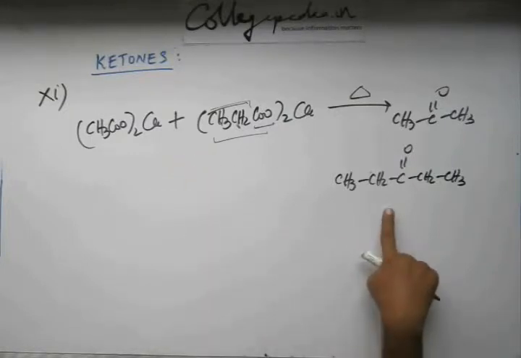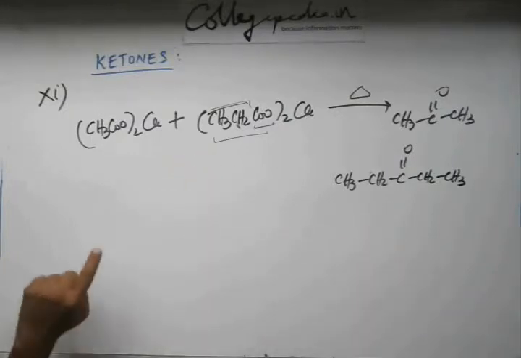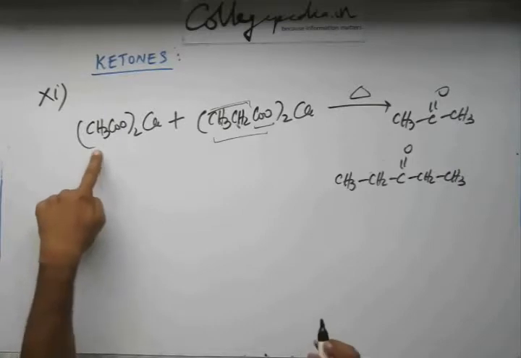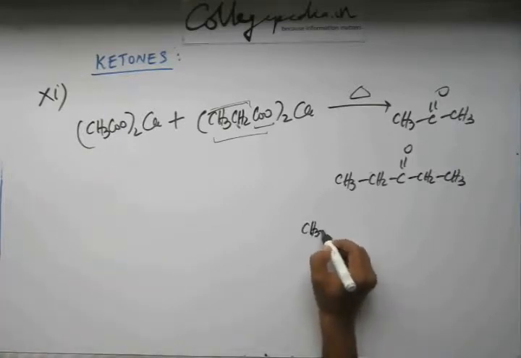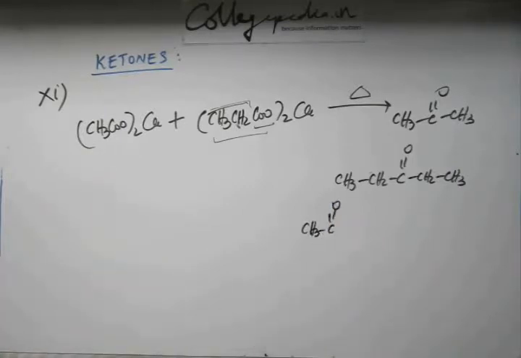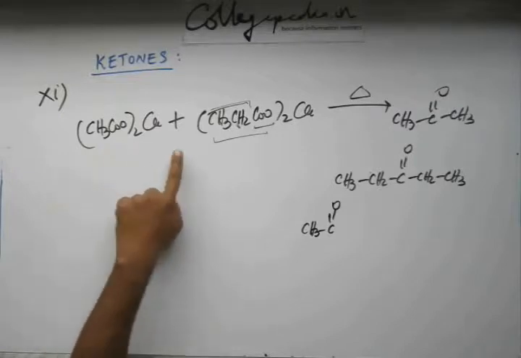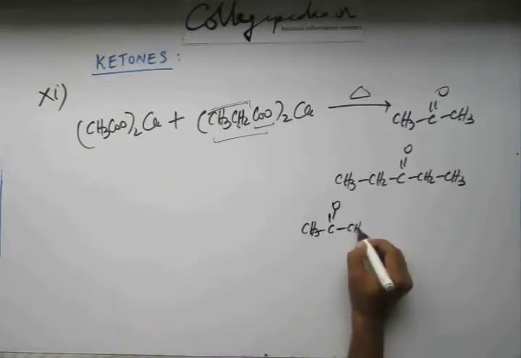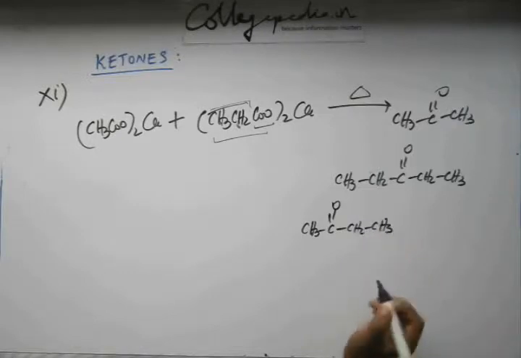You will get pentanone. Now there will be another third possibility that this acetate combines with this propanoate. So in order to write the product, you will start from acetate. So this part is coming from acetate, and from propanoate you will have again this ethyl part. So CH2, CH3. So this is butanone.